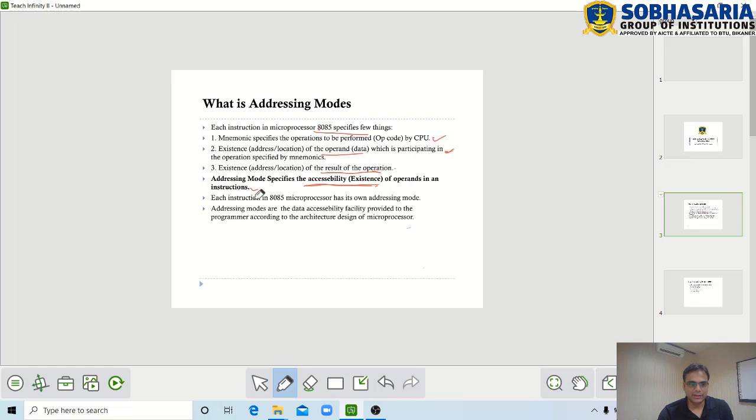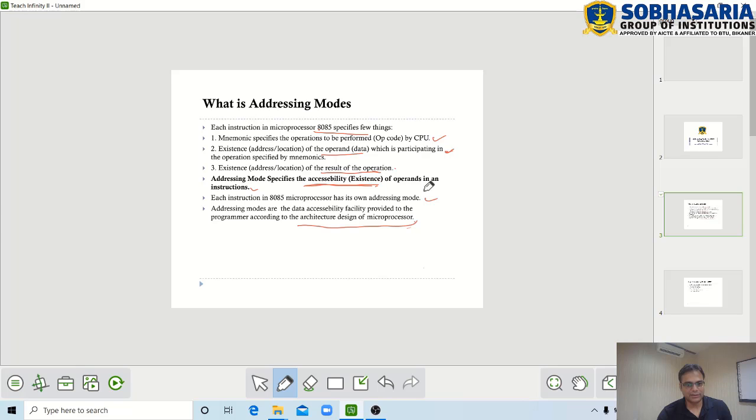Each instruction in the 8085 microprocessor has its own addressing mode. Every instruction will have its own one addressing mode. Addressing modes are the data accessibility facilities provided to the programmer according to the architecture design. Obviously it depends upon the architecture. When the architecture of a CPU is designed, facilities are provided to the programmer for how the programmer can access those operands or the data which is going to participate in the operation.